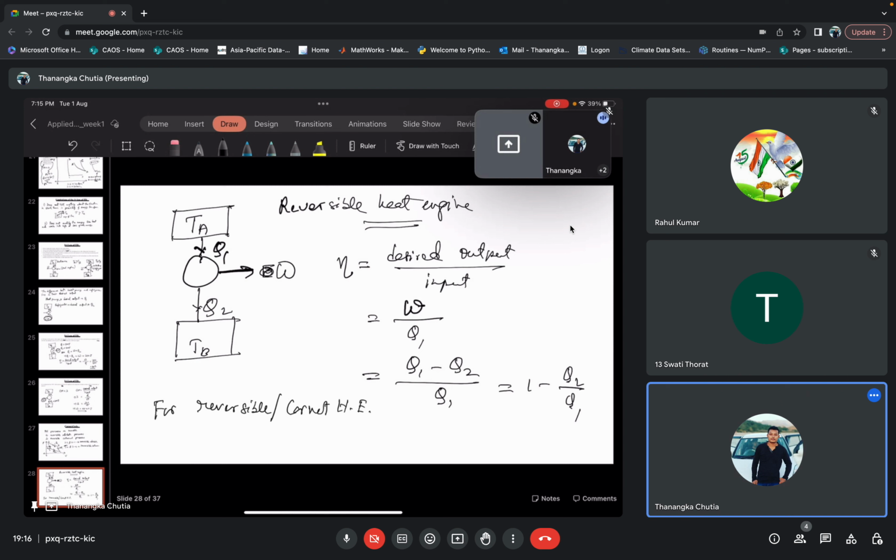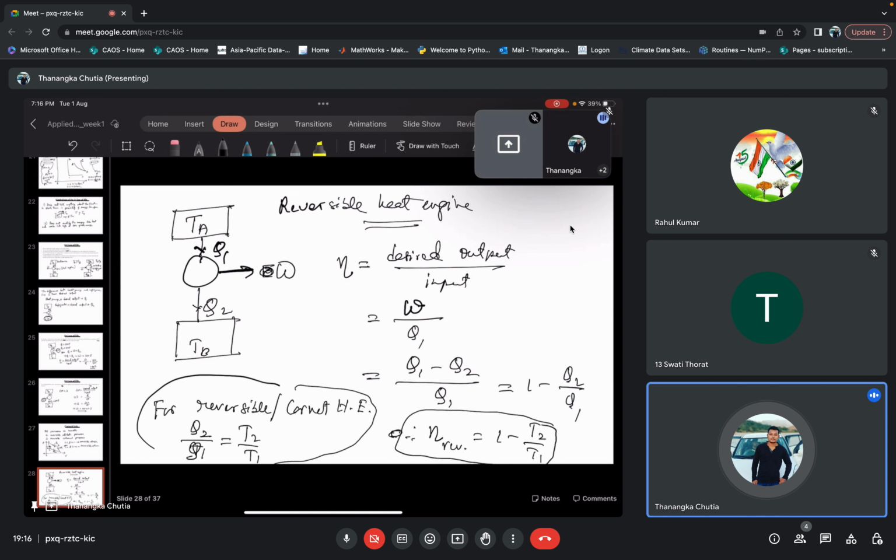Only in that case Q2 by Q1 can be written as T2 by T1. Remember, this is only possible when the ratio of the heat released or accepted by the reservoirs equals the ratio of the temperatures of the reservoirs. Therefore eta reversible equals 1 minus T2 by T1. It gives you the maximum possible efficiency, and no engine can have larger efficiency than a Carnot engine.